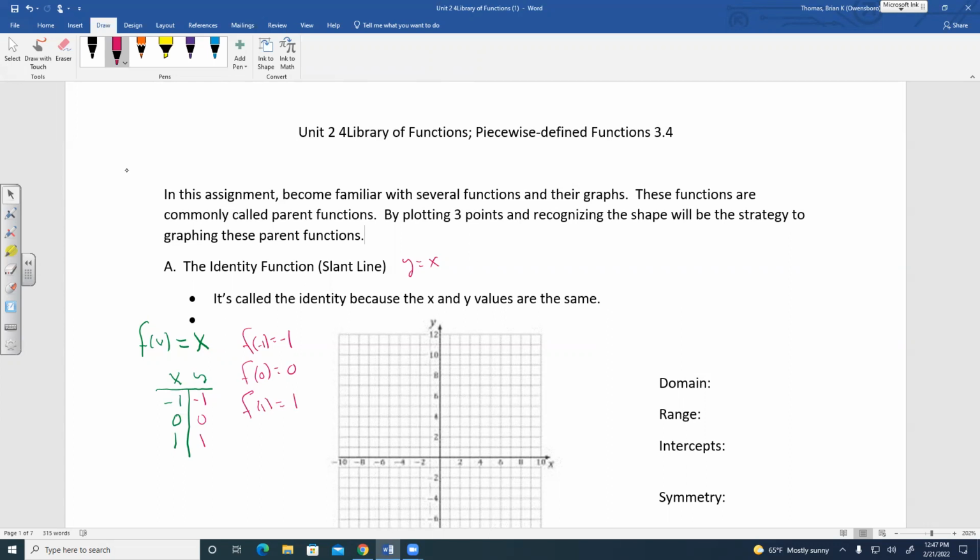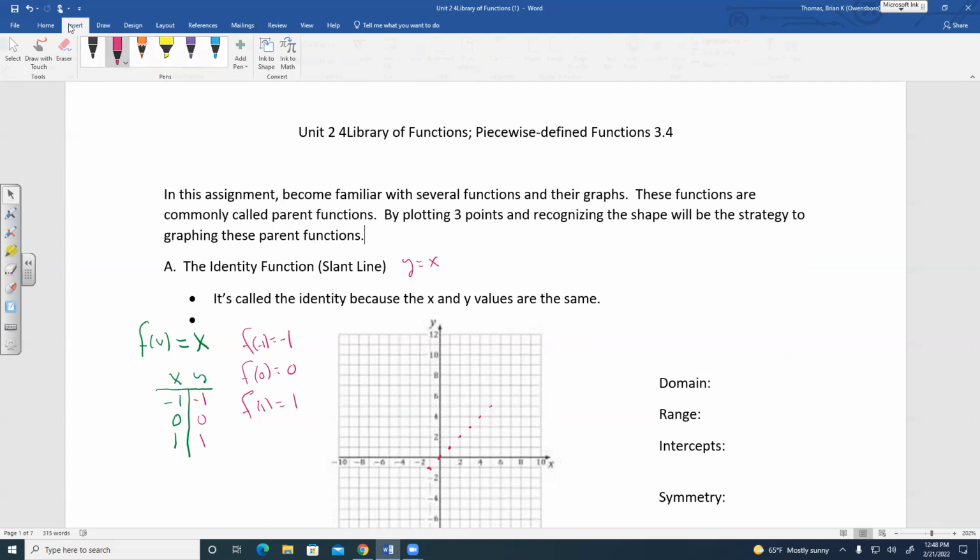So from a graphing perspective, you have this -1, -1. You have this 0, 0, 1, 1. If I want to continue on, it would be like 2, 2, 3, 3, 4, 4, 5, 5. So notice how it really does create just this slant line. So if you see the function f of x equals x, just remember that it's really just this slanted line that goes through the origin.